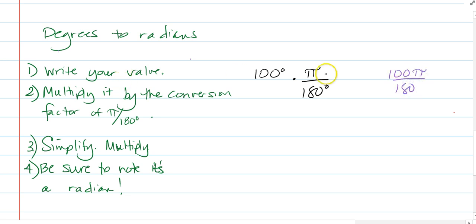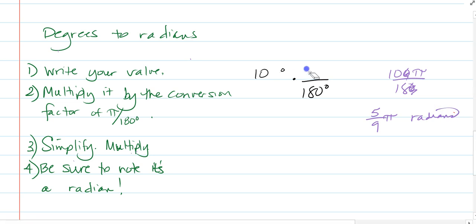So I write my value, I put pi over 180 with it, and then I simplify it. So this is going to go away, that goes away. 10 over 18 is 5/9 pi. So I multiply, simplify, and be sure to note it's radians. So it's 5/9 pi radians.